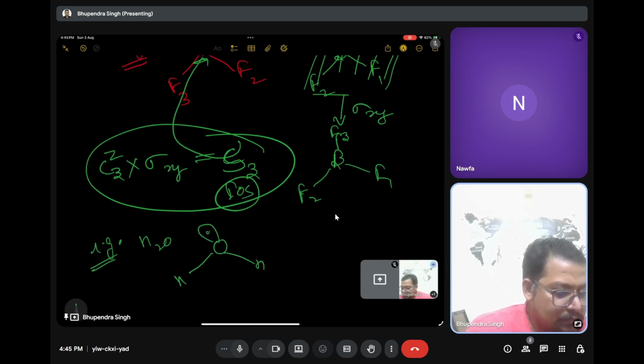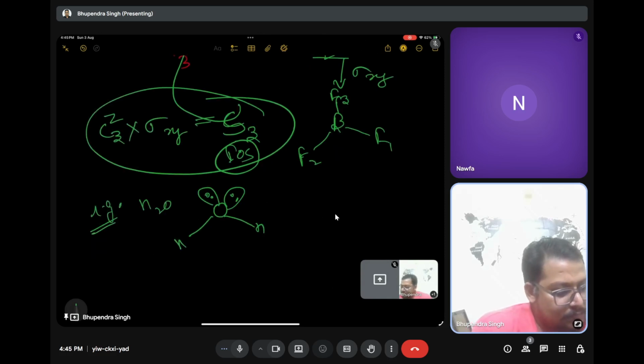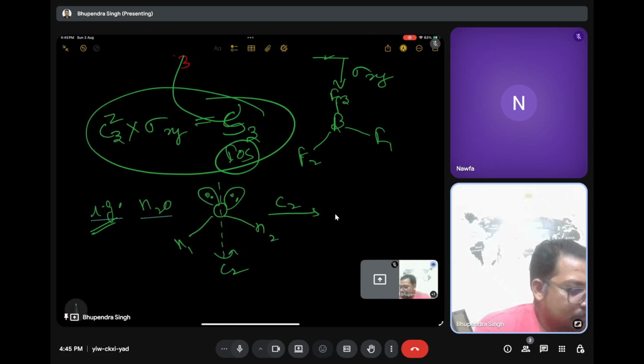If you allow, this is your axis C2, with hydrogens 1, 2 and 2, 1.